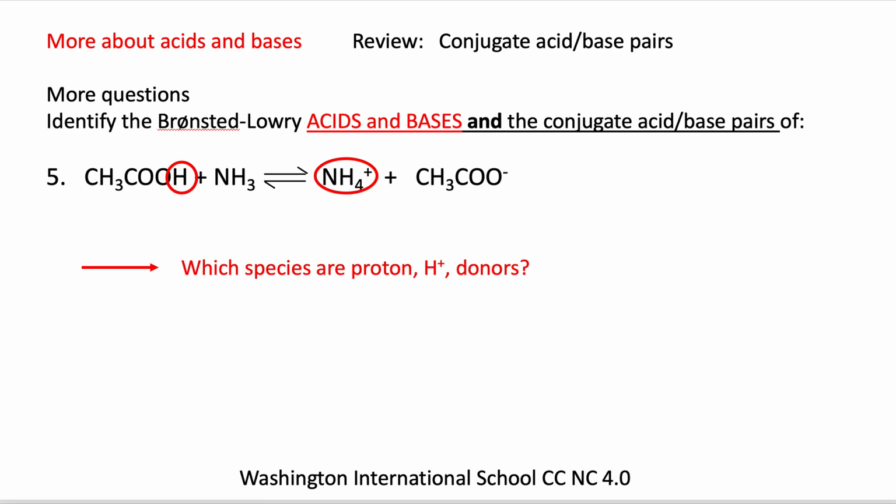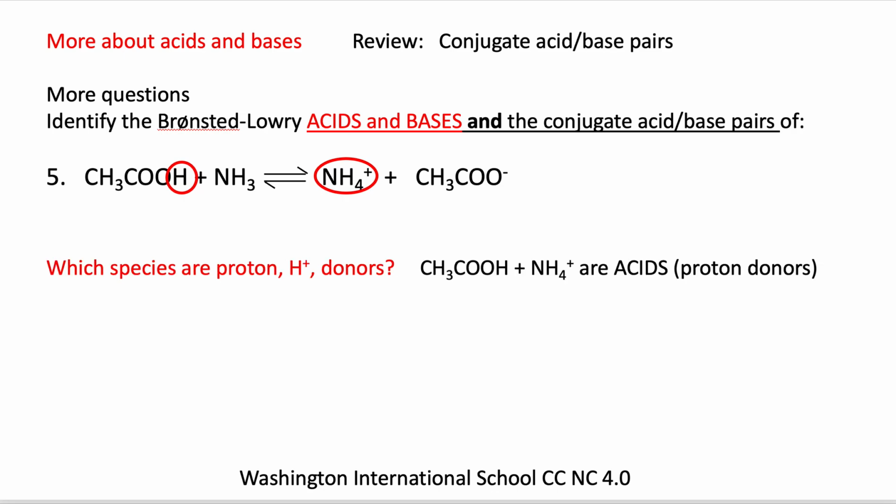And for number 5, we've got to identify Brønsted-Lowry acid, the proton donor, and the base, the proton acceptor, and identify the conjugate acid-base pairs, and plural, because there's going to be 2 of them in an equation like this. So the question first is, which species are proton donors? Got a clue here with some red circles, but pause while you write them down.